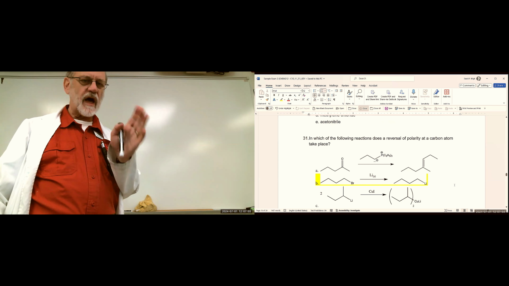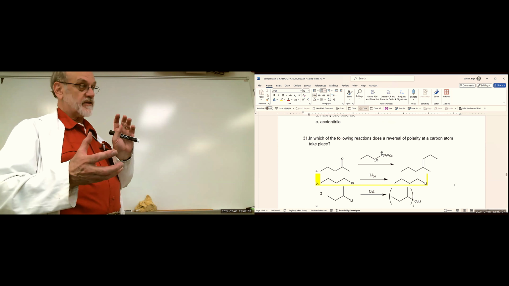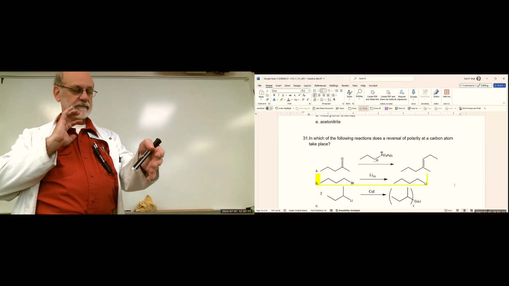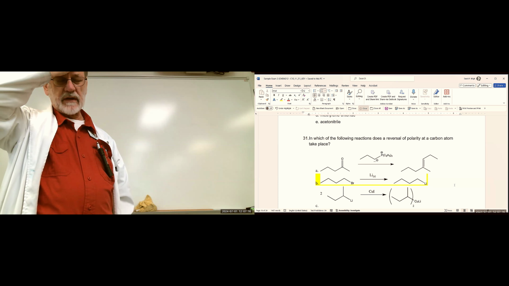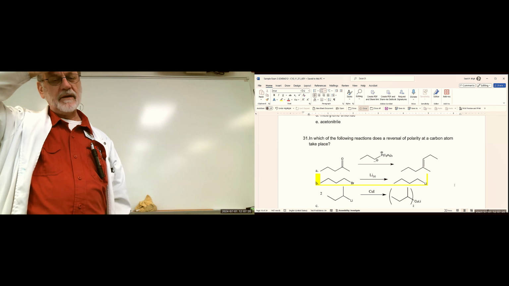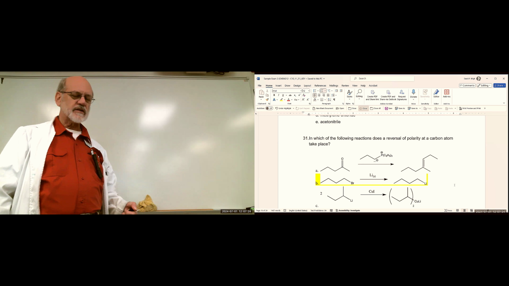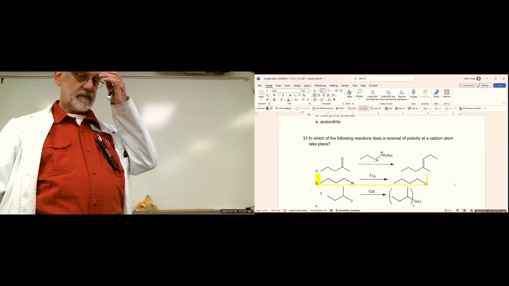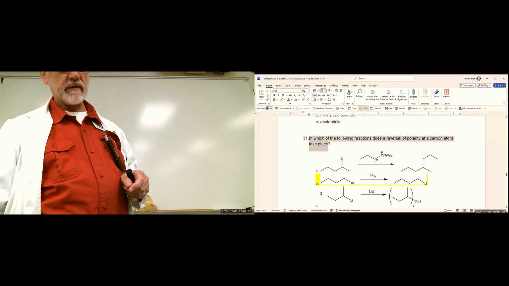We went from a non-metal attached to a metal attached, and that change in, that's gone blank again. I'm having a moment. Electronegativity. That change in electronegativity caused a change in polarity of the carbon. So B is the best answer for 31.